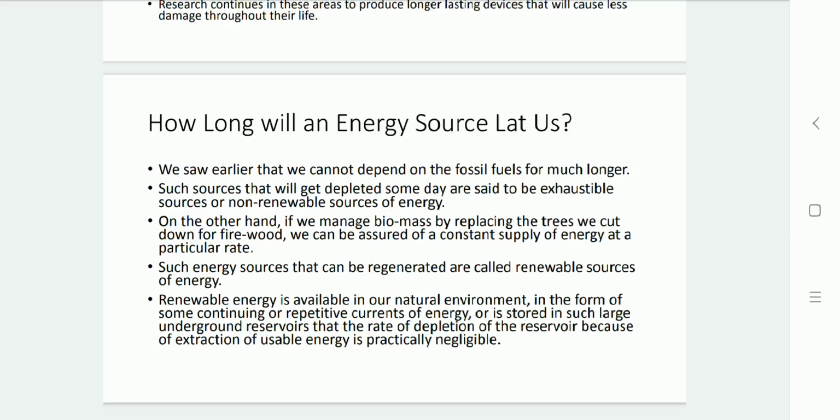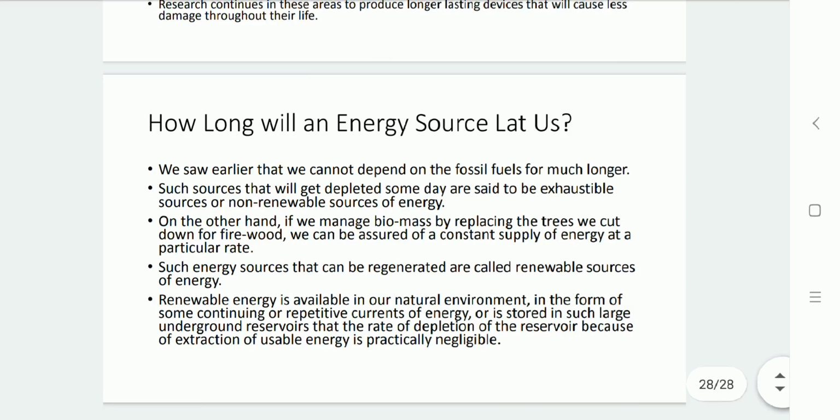So we need to utilize sources of energy which are renewable, which can be available for a long period of time. Renewable energies are available from natural sources, from the natural environment, can be stored easily, can give repetitive use and are easily available at low cost.